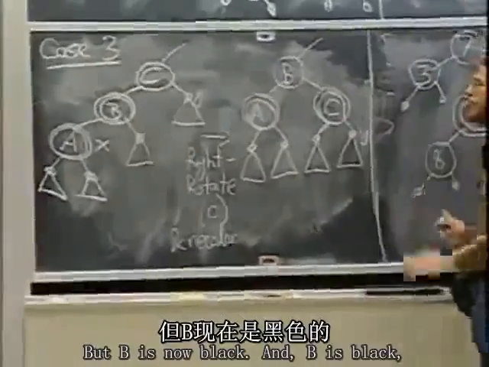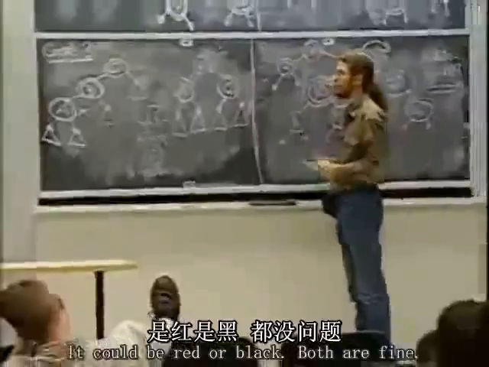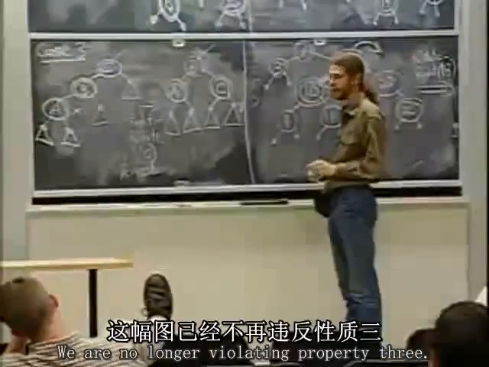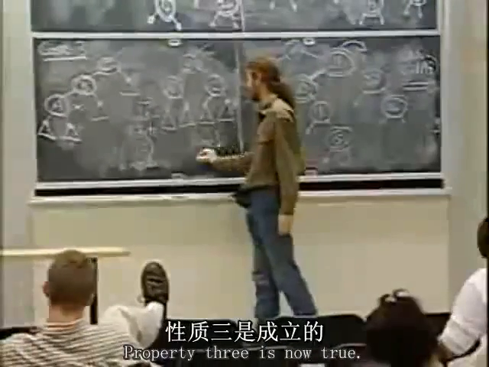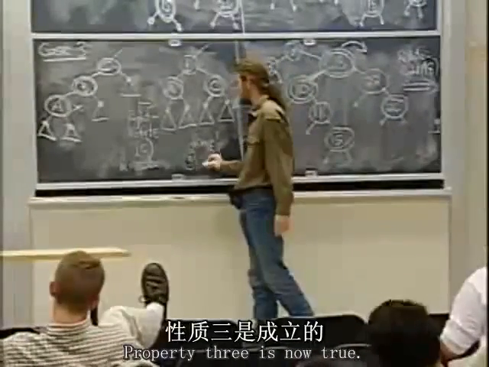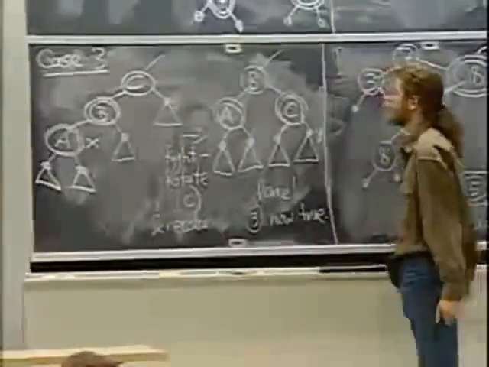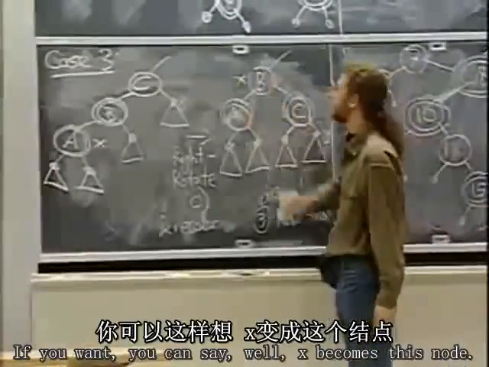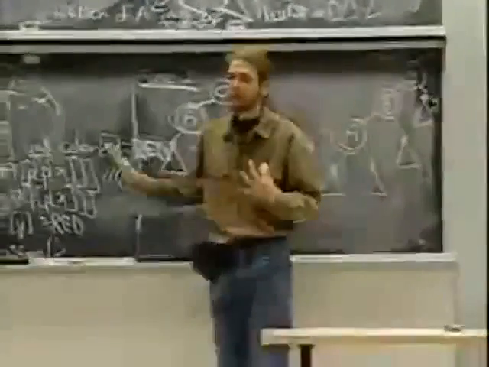And B is black, so we don't care what its parent looks like. It could be red or black, both are fine. We're no longer violating property 3. We should be done in this case. So property 3 is now true. If you want, you can say x becomes this node, and then the loop says, oh, x is no longer red, therefore I'm done.